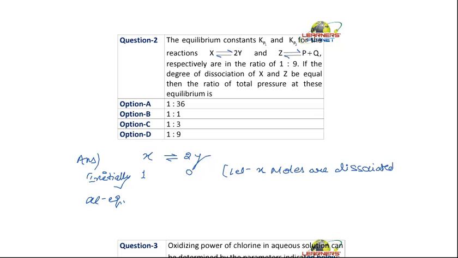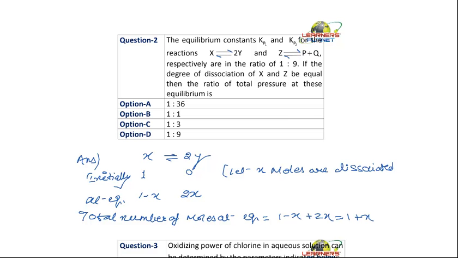At equilibrium it would be 1 minus x and this would be 2x. The total number of moles at equilibrium will be 1 minus x plus 2x, so it would be 1 plus x. This is the total number of moles.